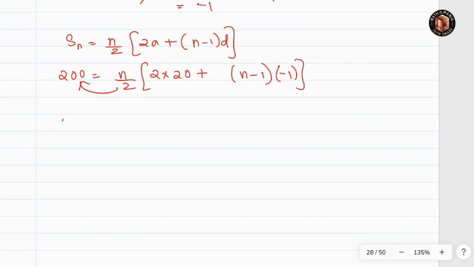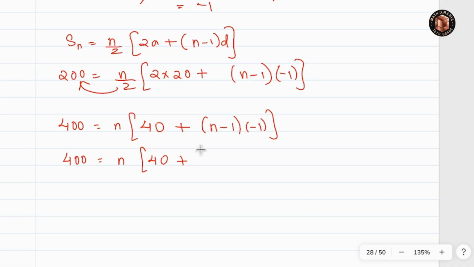This 2 we will take to the opposite side, and thus we will get 400 equal to n into 40 plus n minus 1 into minus 1. When we open the bracket, it will become minus n, minus into minus is plus 1, which gives 400 equal to n into 41 minus n.